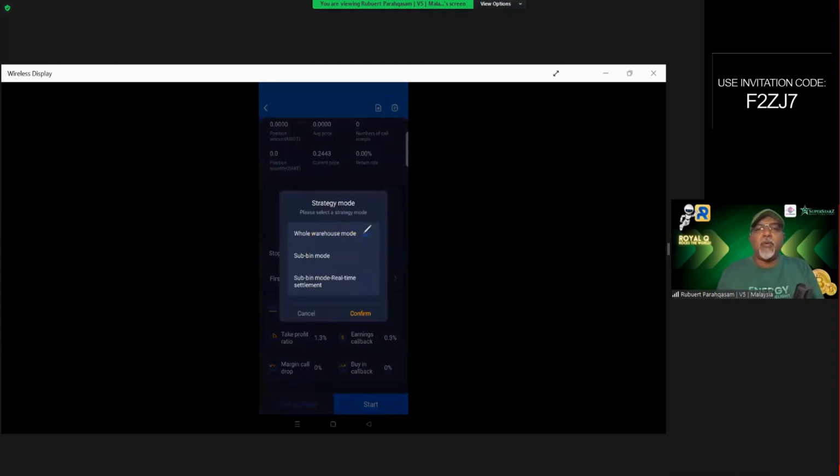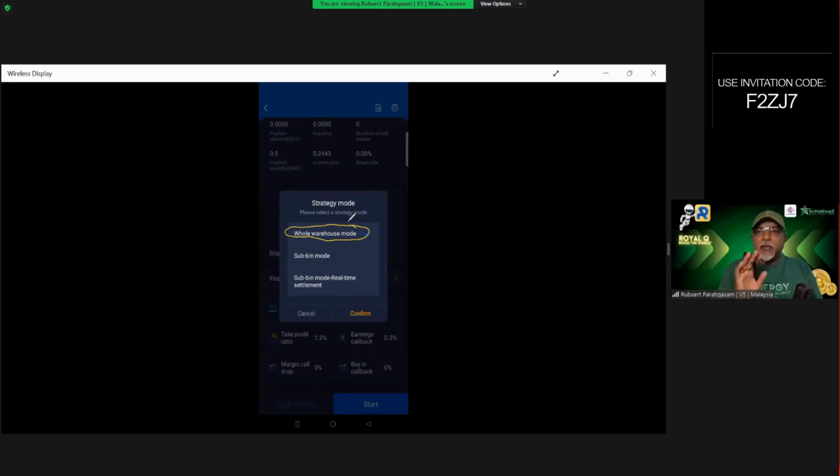You'll have the whole warehouse mode, sub-bin mode, and sub-bin mode real-time settlement. Now, if you have selected whole warehouse mode, that means there will only be one average price. When it buys for layer 5, it will not create another average price. Every time it buys, only one average price. This is whole warehouse mode.